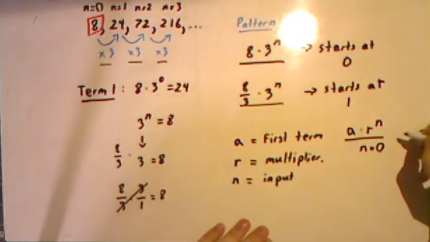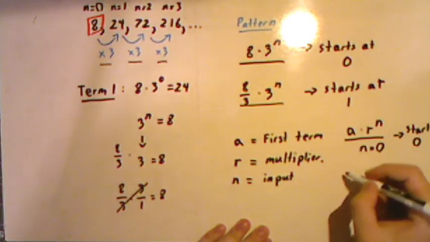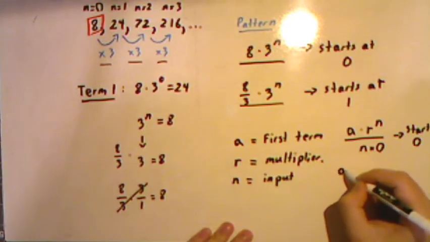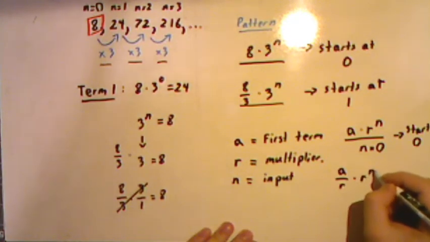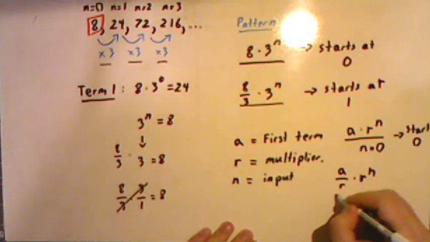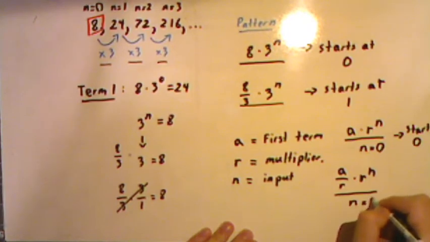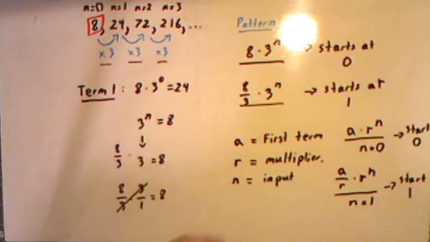While if we plug in our formula as follows, where we take a and first divide it by r, then multiply by r to the n, that is where n is equal to 1, and we are starting with 1 as our term.